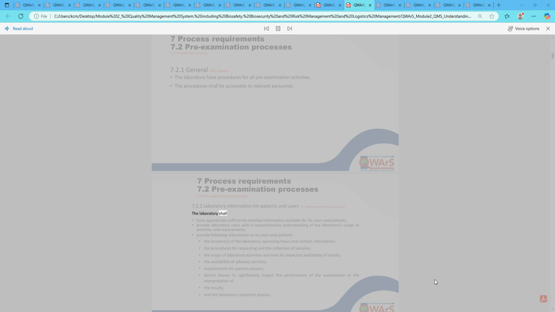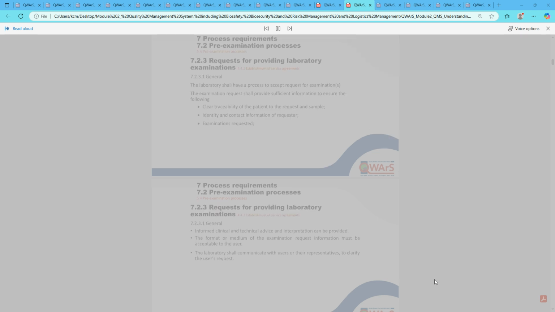The laboratory shall have appropriate, sufficiently detailed information available for its users and patients, provide laboratory users with a comprehensive understanding of the laboratory scope of activities and requirements, and provide the following information to its users and patients: the locations of the laboratory, operating hours and contact information, the procedures for requesting and the collection of samples, the scope of laboratory activities and time for expected availability of results, the availability of advisory services, requirements for patient consent, factors known to significantly impact the performance of the examination or the interpretation of the results, and the laboratory complaint process.